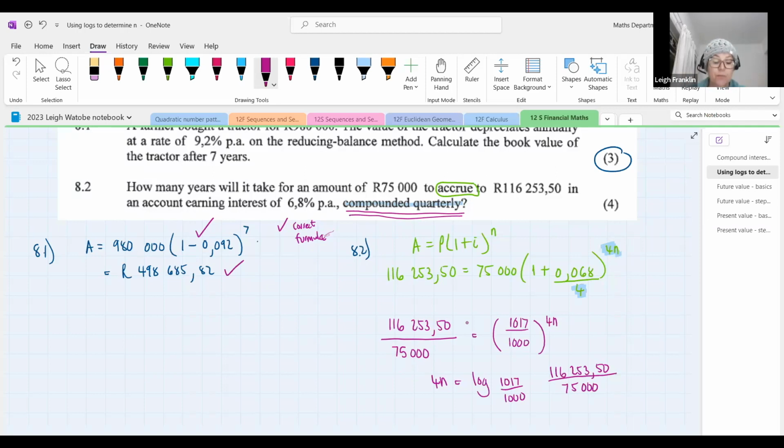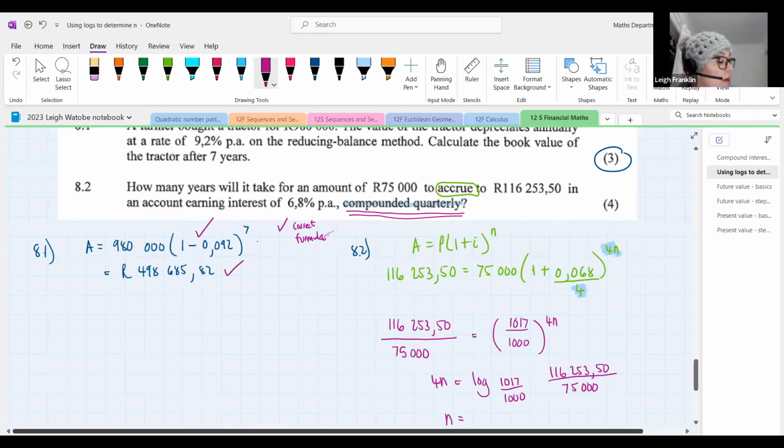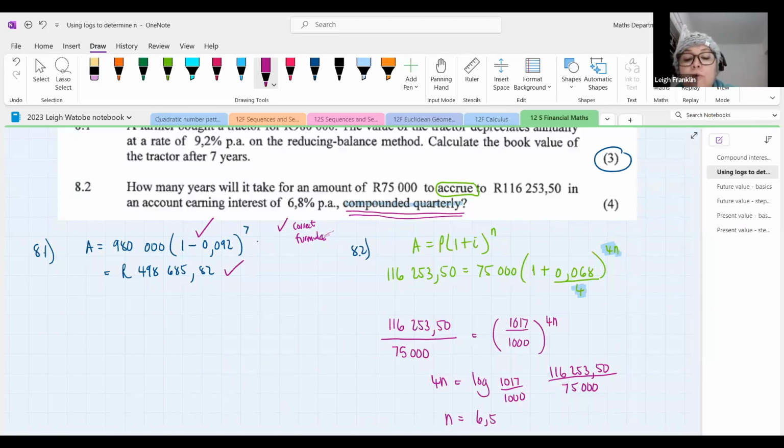I know a lot of you sent me the answer. And then we've got to remember to divide it by 4. Okay, so yes, we are getting 6.49999, and that's why you were all saying 6.5.